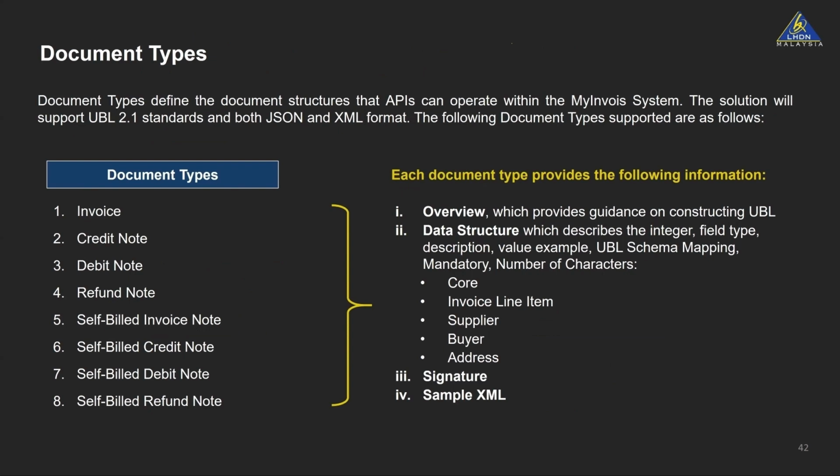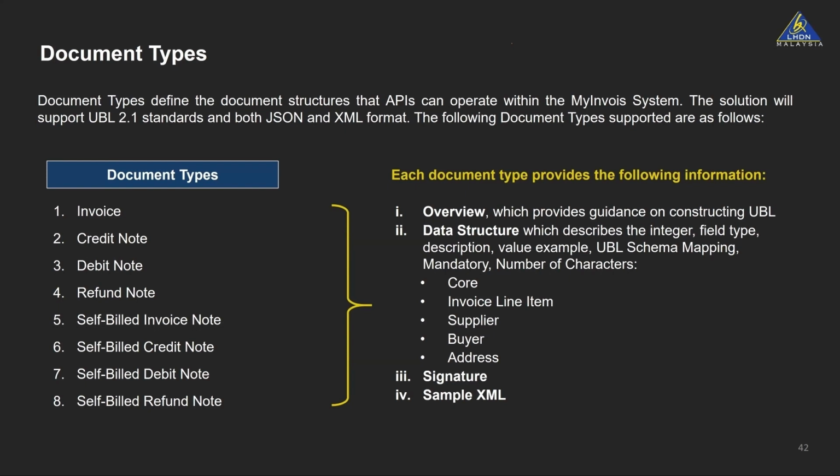Okay. Di dalam document type ni ada maklumat seperti overview which provide guidance on constructing UBL. Also ada data structure, we describe the field name, type, description, value example, UBL schema mapping, mandatory, number of characters. Juga ada signature and sample XML.